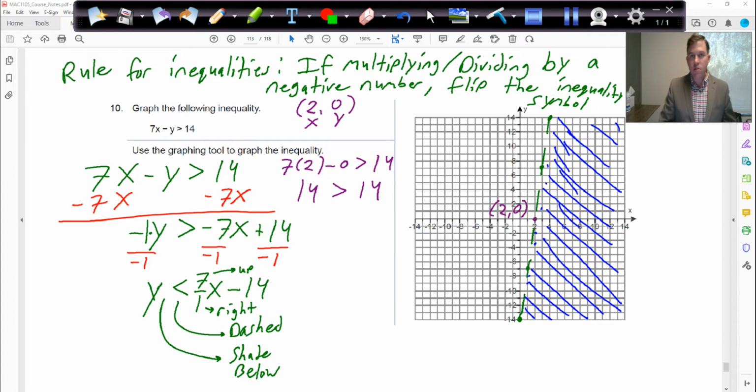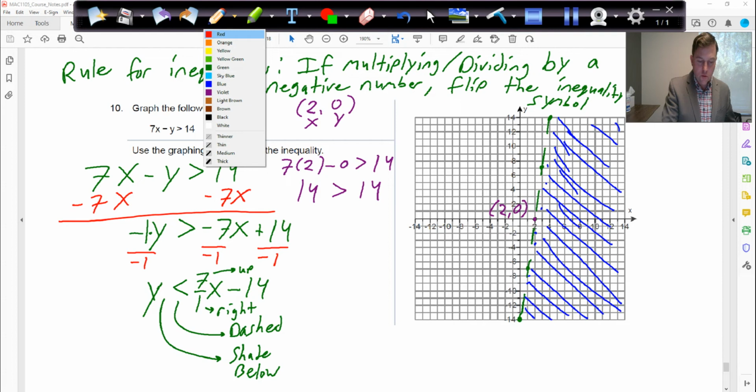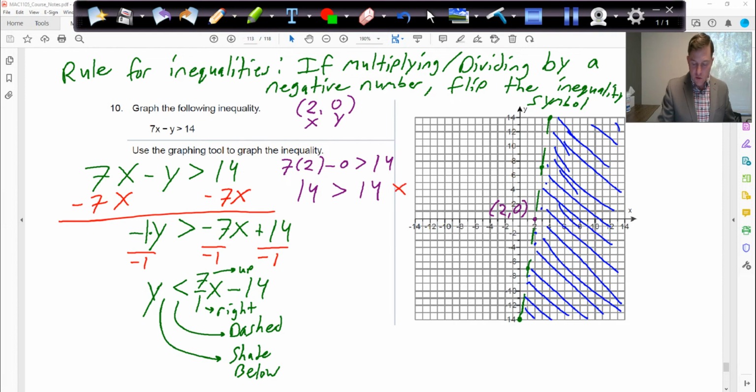Is 14 bigger than 14? The answer is no. So without that equal to sign, this one's false. So in the last one we had the equal to bar and we got 5 less than or equal to 5, so we could use the equal to bar to say, okay, this one works. Without an equal to bar here, 14 is not bigger than 14.